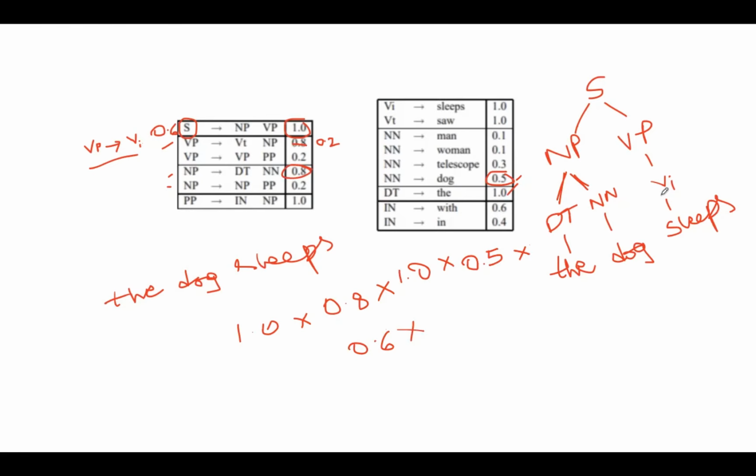VI derives sleeps with probability 1.0. This is the final expression for this tree, and you can multiply all the values.